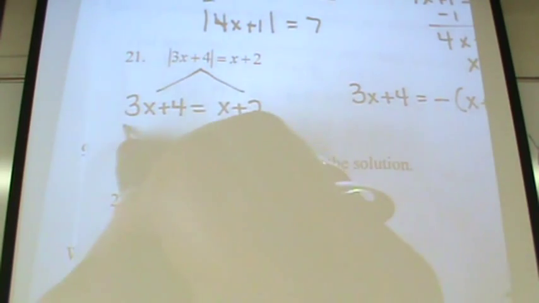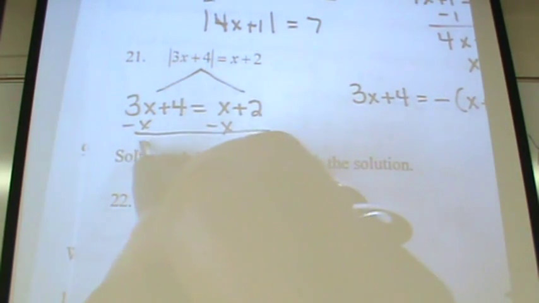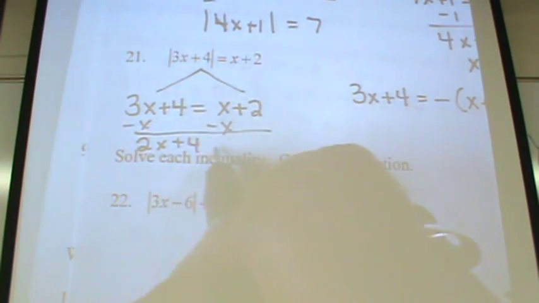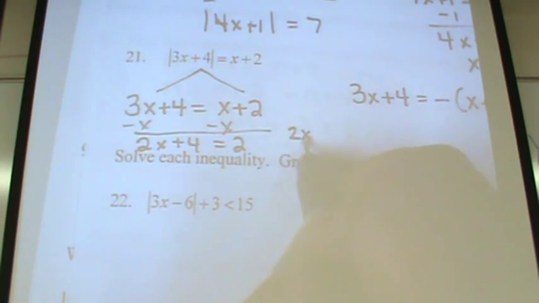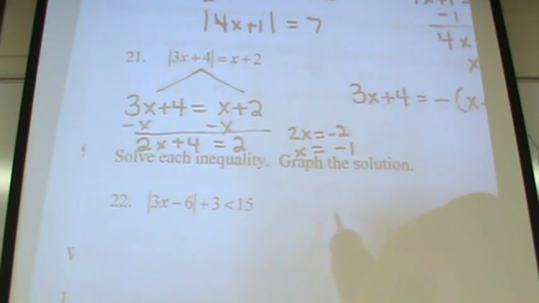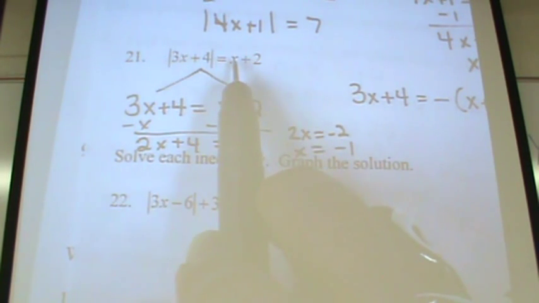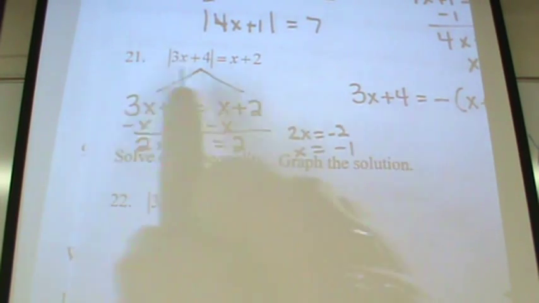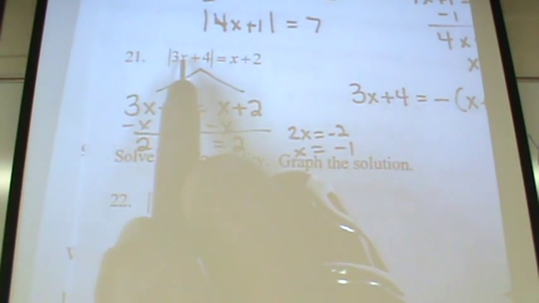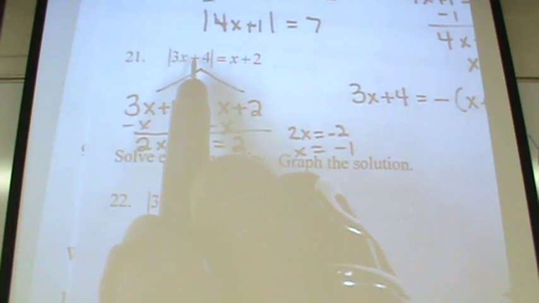We subtract x, and we have 2x plus 4 equals 2. Subtract 4, you get 2x equals negative 2, and you get negative 1. Now I already know this is not going to work because when I plug, oh actually it might, let's see. Because this is bigger than negative 1. So if I plug a negative 1 in here, 3 times negative 1 is negative 3. Negative 3 plus 4 is 1.